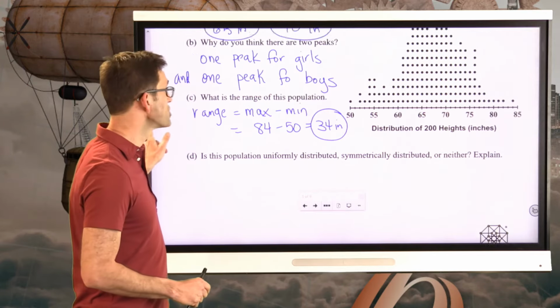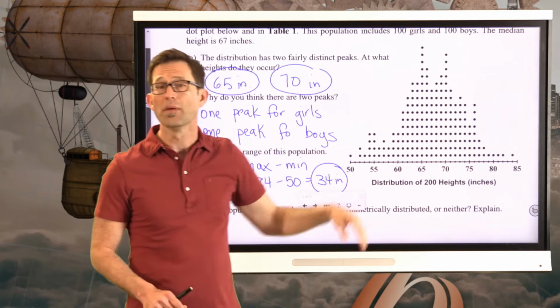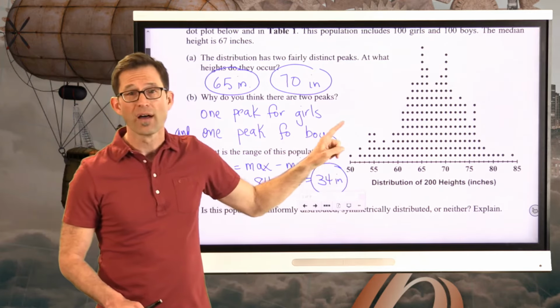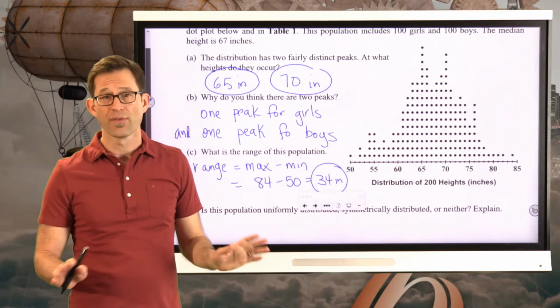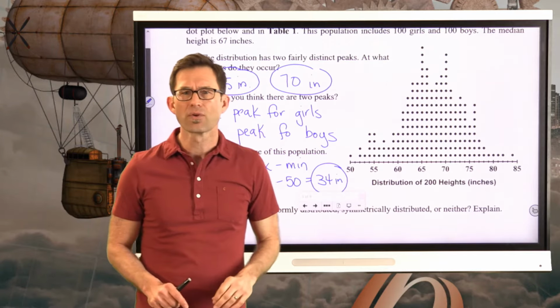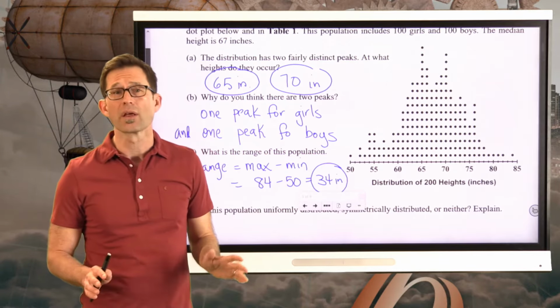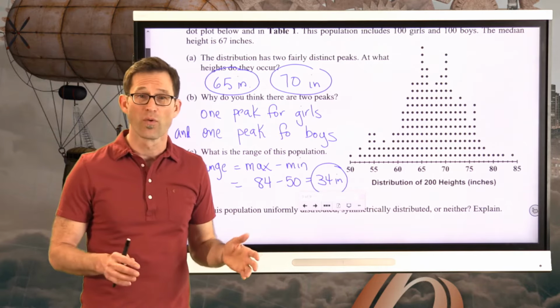Again, a uniform distribution would mean that each one of these dot heights would be the same. You know, there might be 5 dots, 5 dots, 5 dots, 5 dots, etc. This is definitely not uniformly distributed, all right? I would say it's not really symmetrically distributed either, although it's certainly closer to being a symmetric distribution than it is to being a uniform distribution.